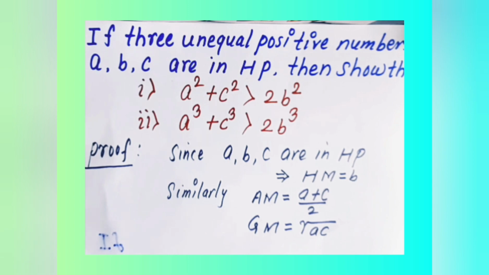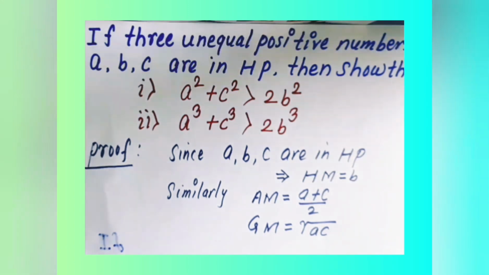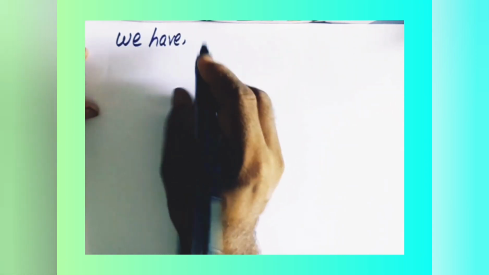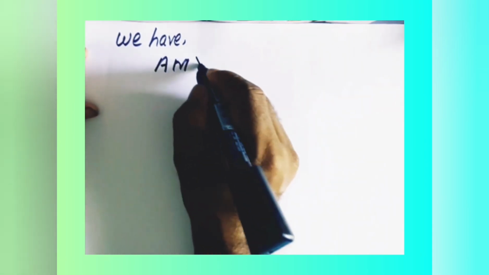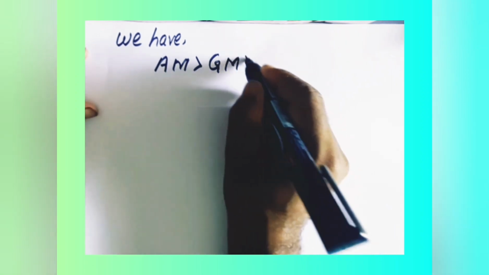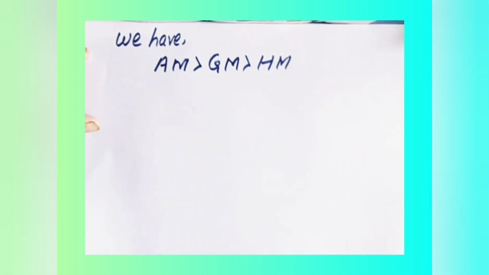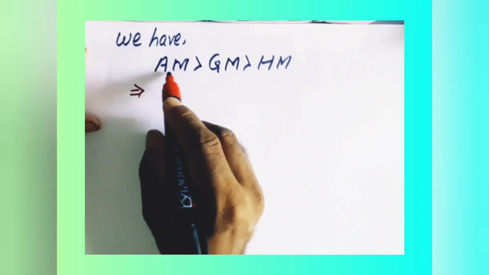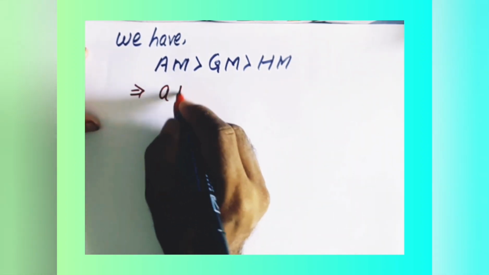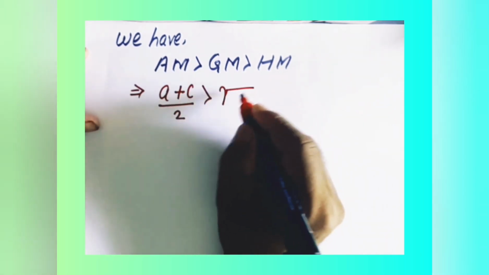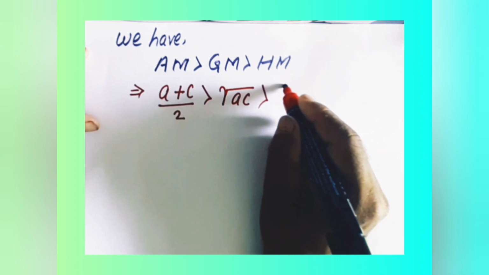Now we have a relation. We have already proved that AM is greater than GM is greater than HM. So writing the values, (a plus c) by 2 is greater than root over ac, which is greater than b.